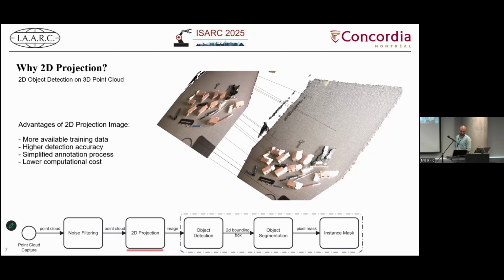The reason we are projecting to 2D is that we have more training data for 2D-based detections, which gives higher detection accuracy. We can easily annotate 2D images with bounding boxes, and it has a lower computational cost.